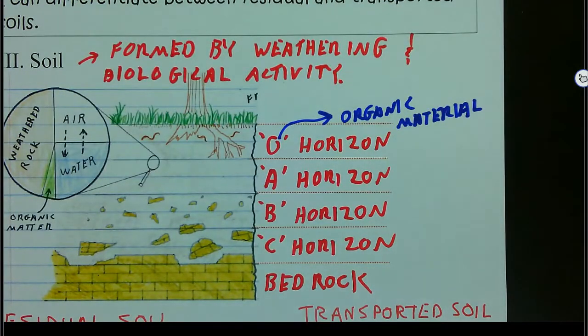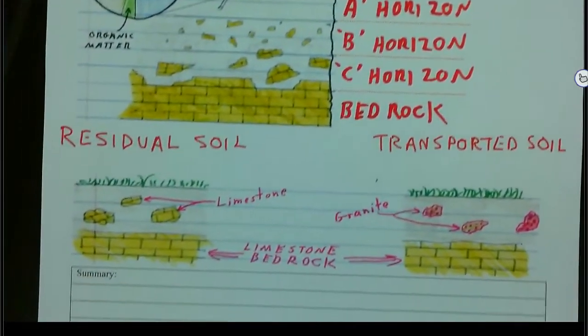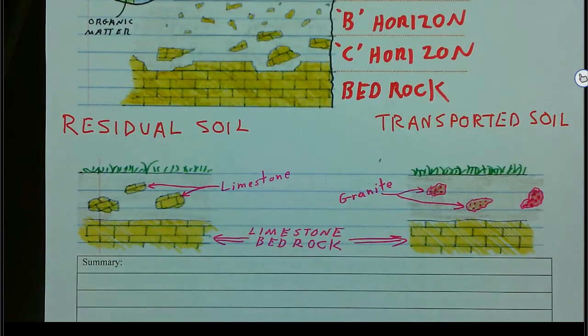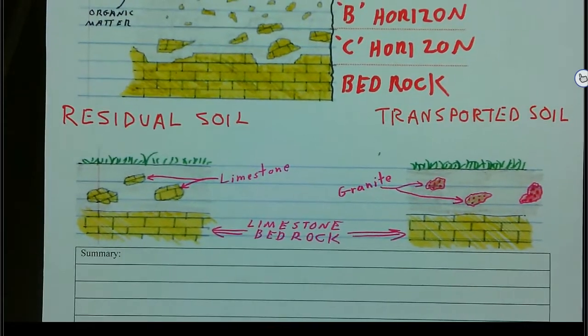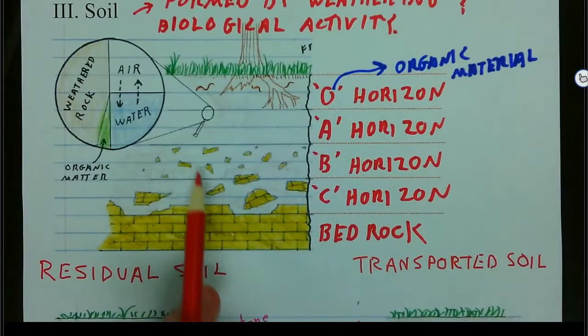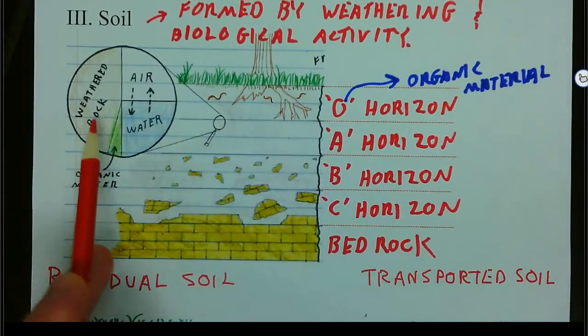There are generally two types of soil, residual soil and transported. The difference between them is that residual soil formed in place, meaning the chunks of the rock that we see. Remember, when we look at soil, it's made up of weathered rock.